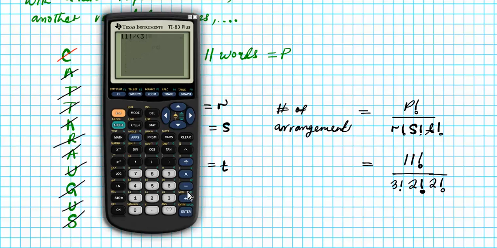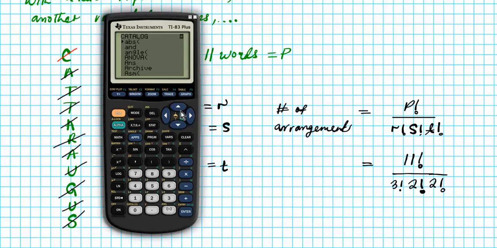So 3 factorial, 2 factorial is just 2 times 1, but let me put it in so that you see what the calculator has to say. So 2 factorial, scroll up. Enter and another 2 factorial.